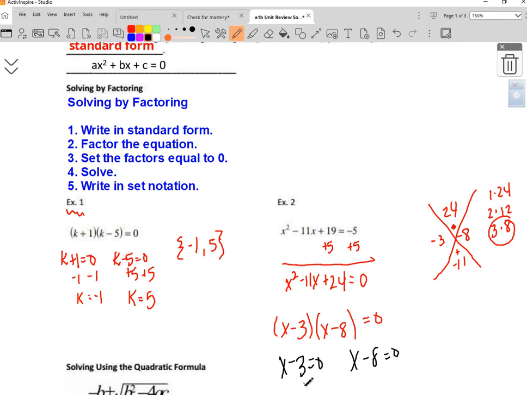Plus 3 to both sides will be x equals 3. And then we plus 8 to both sides, and it'll be x equals 8. And in set notation, I'm going to write it in squiggly braces. Okay? Any questions?